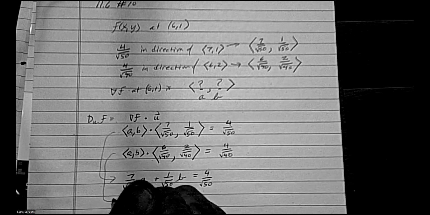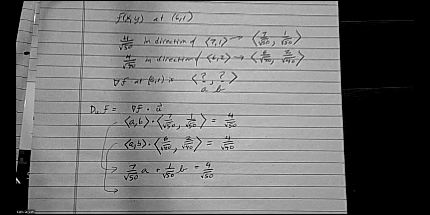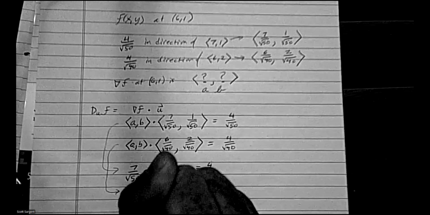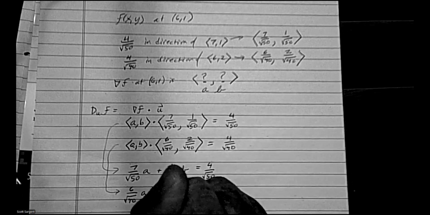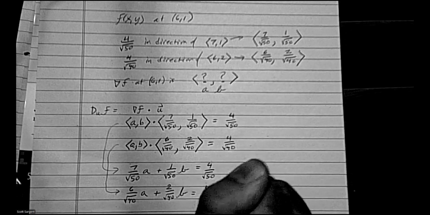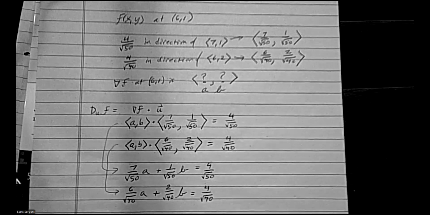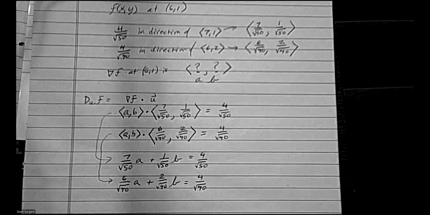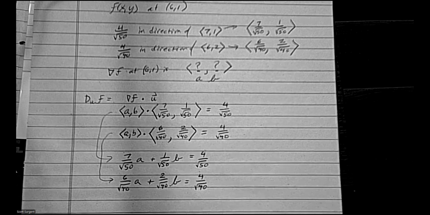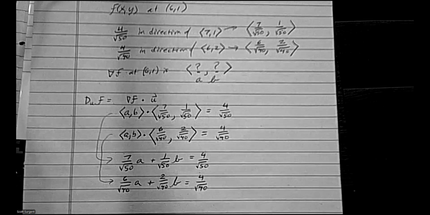Now this one follows, what we've got there, 6 over rad 40 A plus 2 over rad 40 B equals 4 over rad 40. Now this looks messy, but it's actually going to clean up real nice. But before I proceed, are there any questions so far about what I've said, what I've done? Okay, you can always just jump in if you need to.